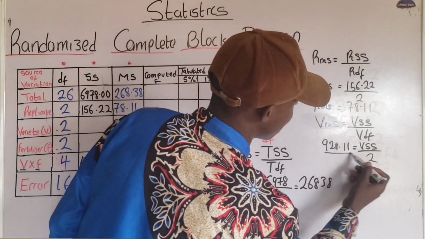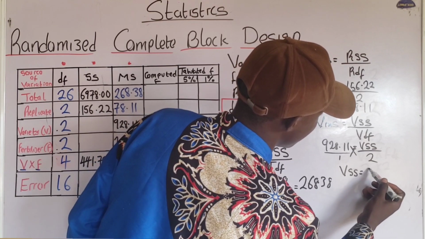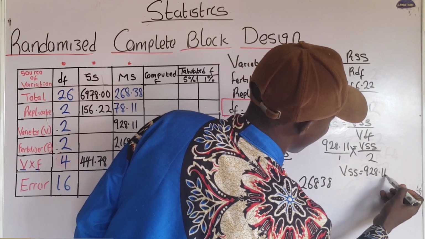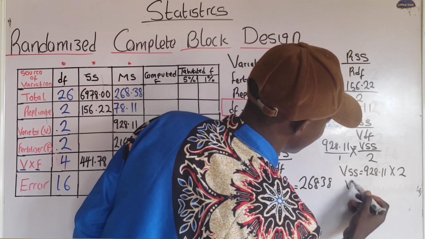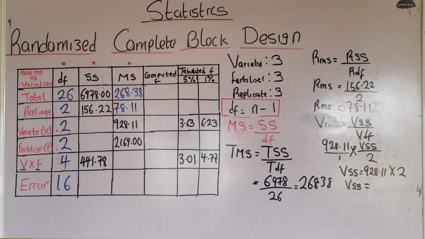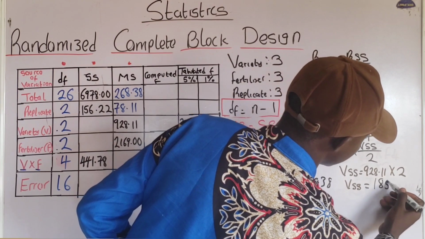Now the next step is to take the cross product. So variety sum of squared is equal to variety mean squared, 928.11, multiplied by 2. That is 1856.22.